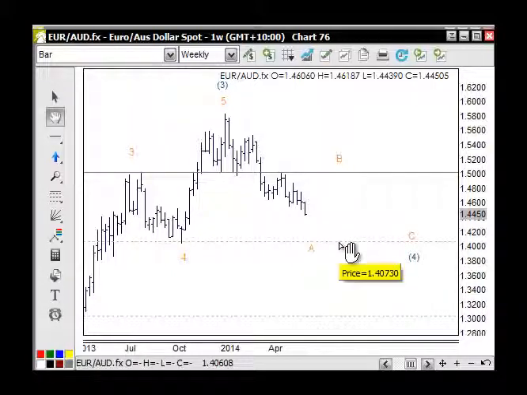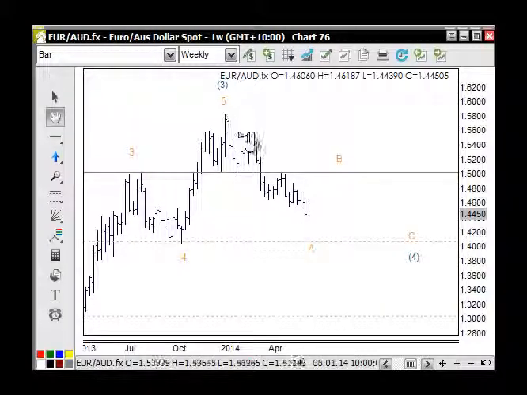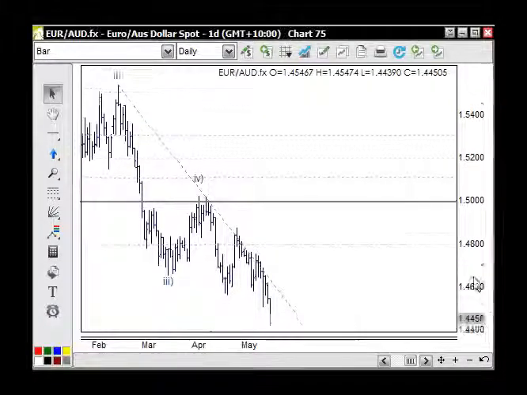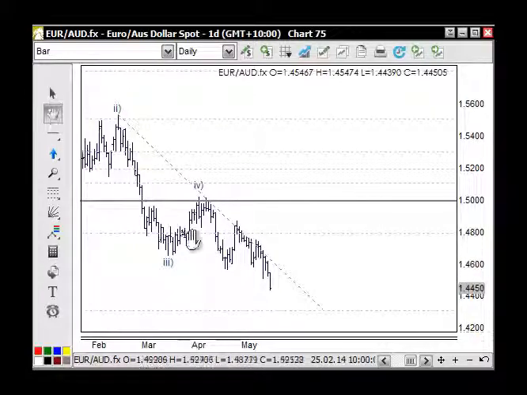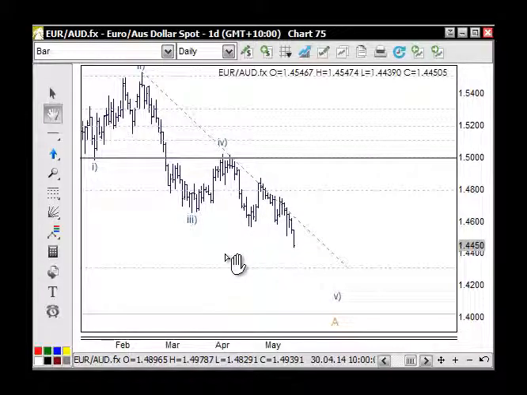So we can be moving lower into the 140 area. There are different ways to label all of this, not that it matters that much, but it is moving down quite strongly, so it'll be interesting to see how the euro US dollar kicks back as well.